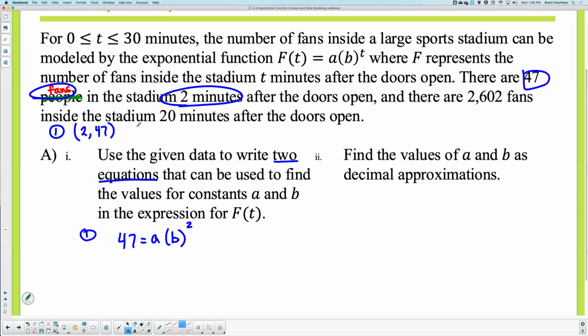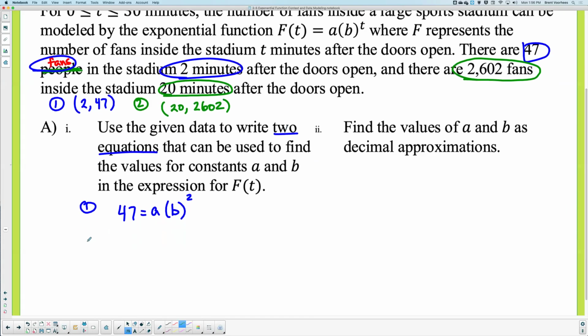So we need a second point. What values are given for our second point? 2,602 fans and 20 minutes. All right, which one is the independent variable? The x. 20, which means our y is 2,602 fans.